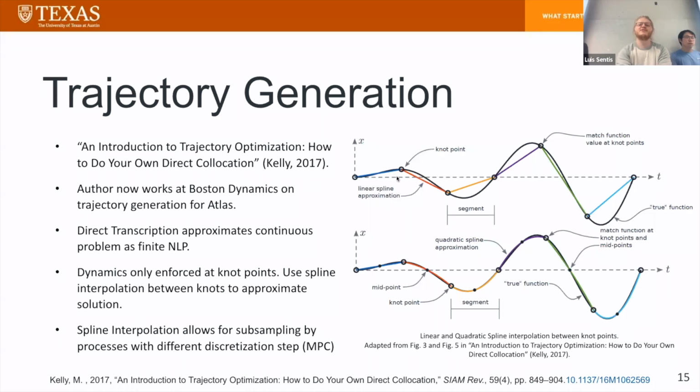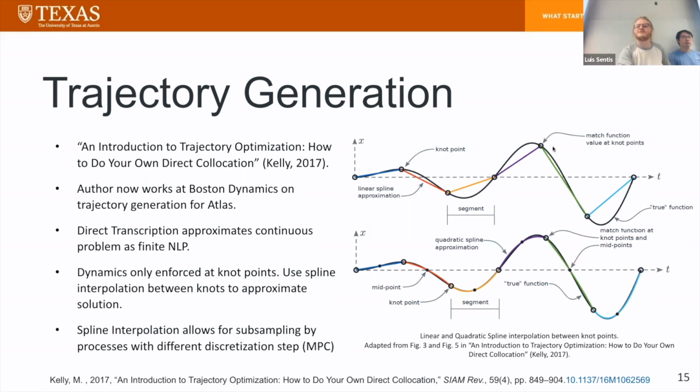The discretization, we call them knot points. I know you guys have heard it many times. The dynamics and the constraints are only enforced at the knot points in the NLP. When we get a result out of it, we essentially want to interpolate between those knot points to recover the continuous solution. And you can see already, depending on the time step, you can have varying results.